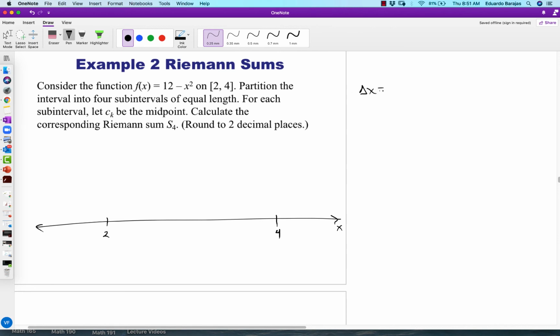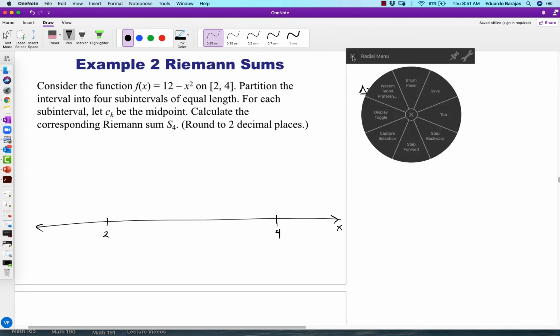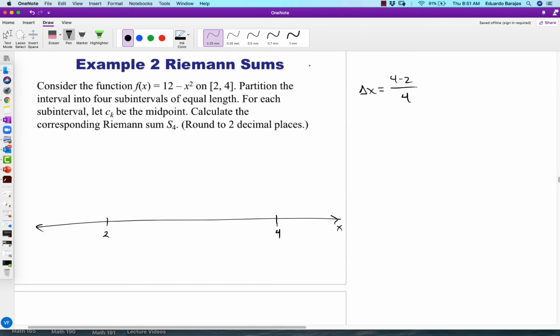Our delta x is going to be equal to 4 minus 2 divided by 4. Right? The formula is delta x equals b minus a divided by n. So this is going to be 2 divided by 4, which is equal to 1/2, which equals 0.5.